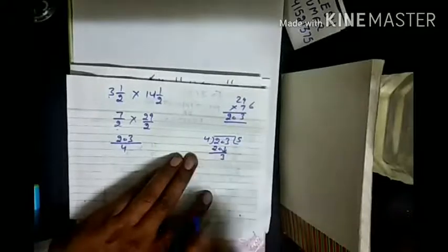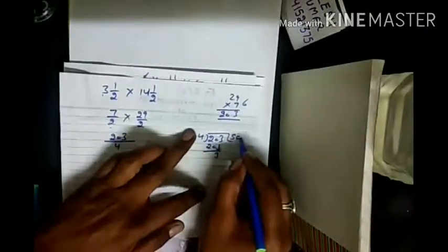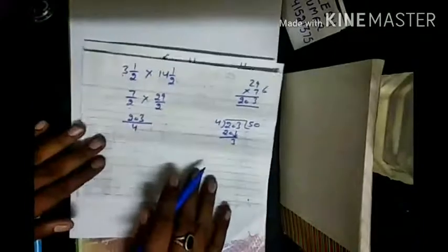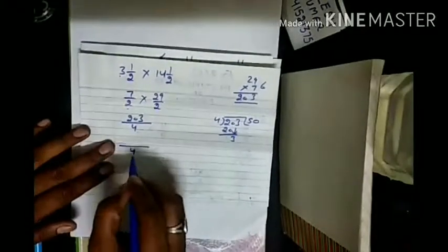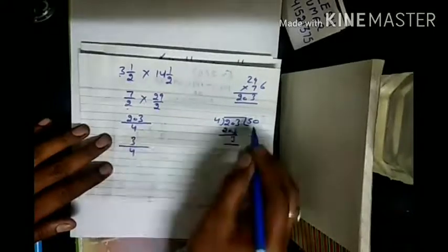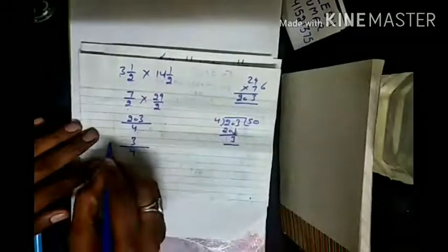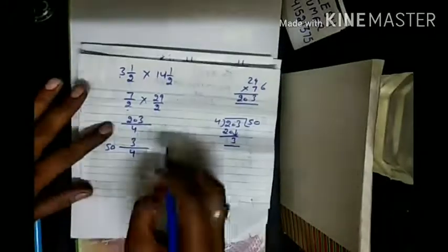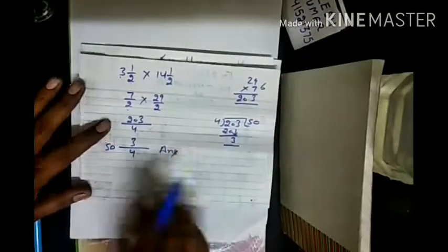Now the remainder is 3, and 4 will be the denominator, the remainder 3 will be here, and the quotient 50 will be on this side. Now the answer is this.